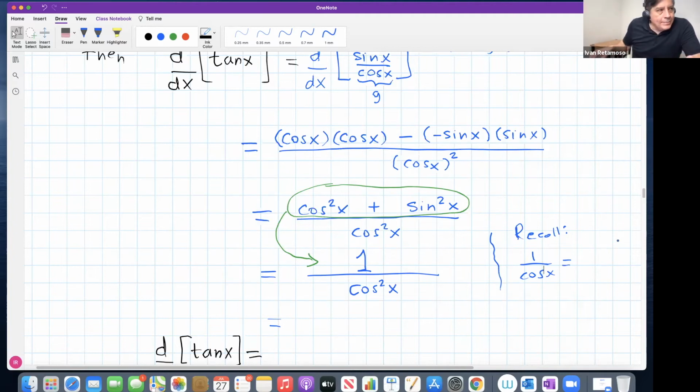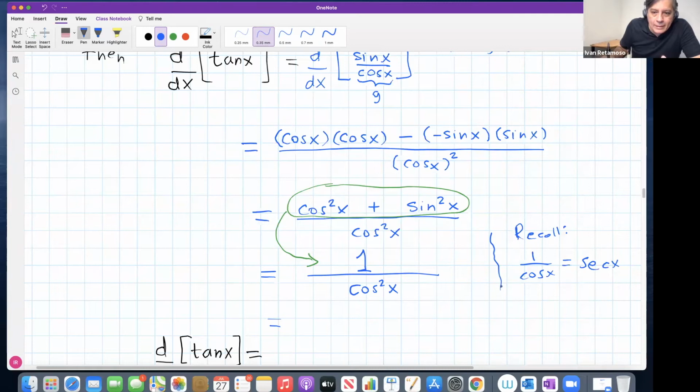Remember 1 over sine is cosecant. 1 over cosine should be just... Adriana, yeah, excellent. Cosecant is 1 over sine, and 1 over cosine is secant. Excellent. But here I have this squared.